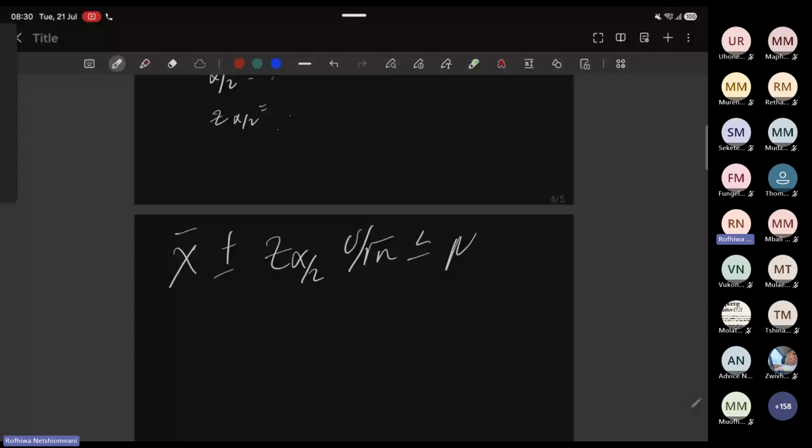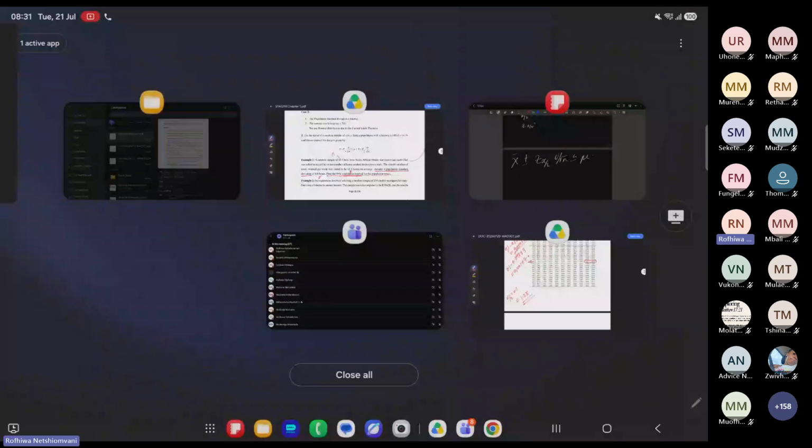So now this takes us to the formula. Now, if you go back to the example, I want you to write this down. We have said n is 90, so write n is equal to 90. Then we said x bar is equal to 63,1.